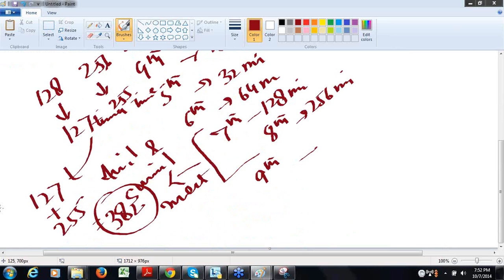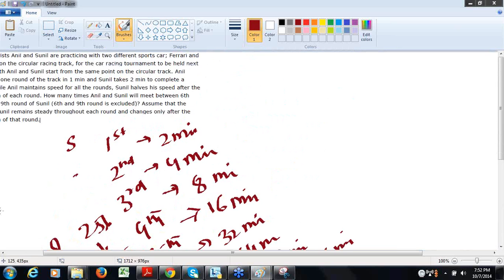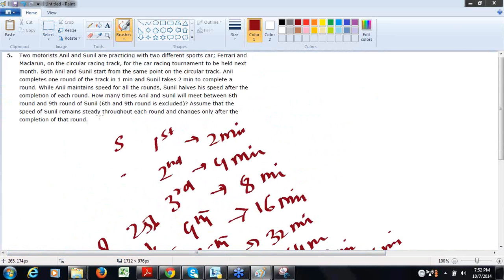Got it, everybody? Okay. See what it is saying, that Anil and Sunil start from the same point on a circular track. Anil completes one round in 1 minute and Sunil takes 2 minutes.